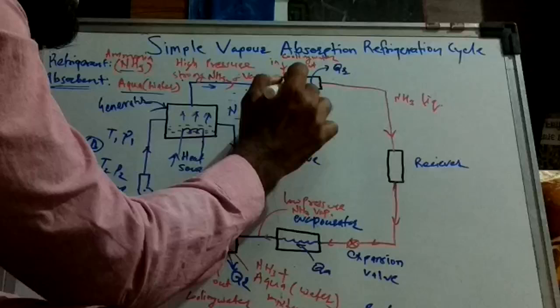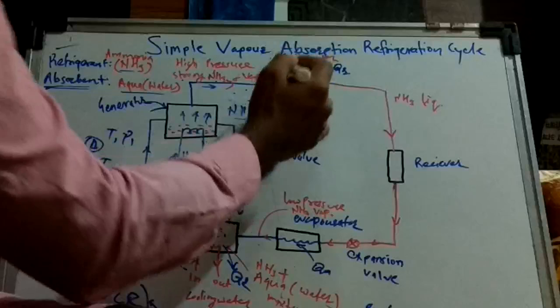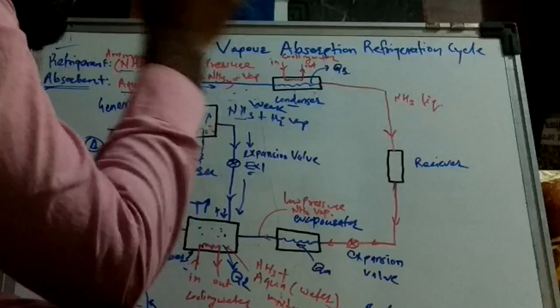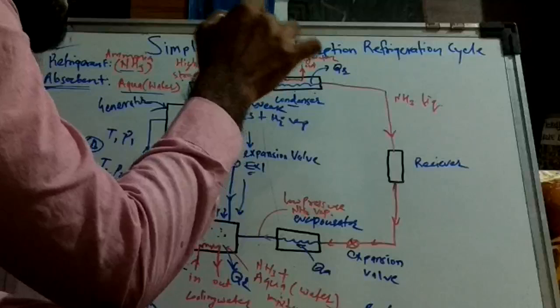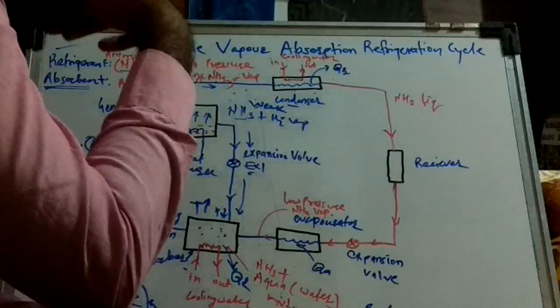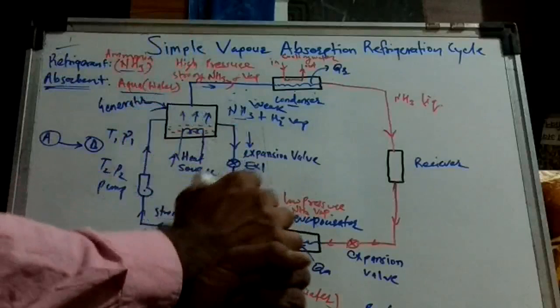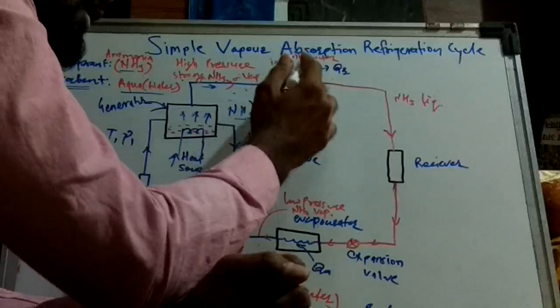This is the condenser. In the condenser, heat is rejected through these coils. Through this coil, strong ammonia vapor will pass, and surrounding that there will be water. So latent heat will be rejected by this ammonia vapor to the cooling water.